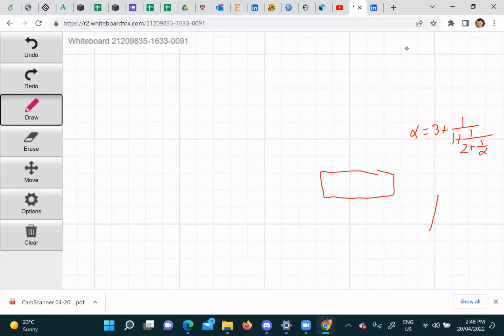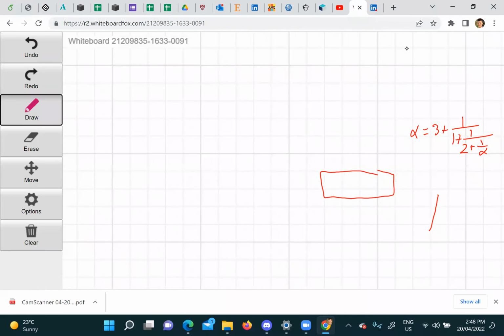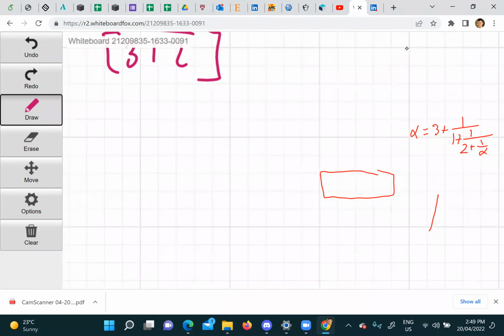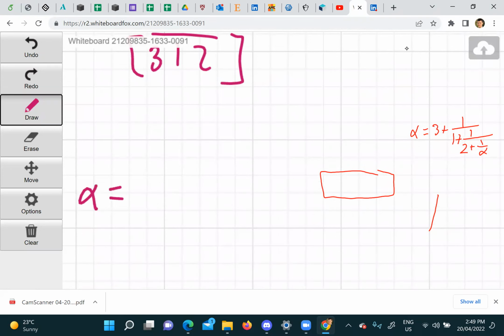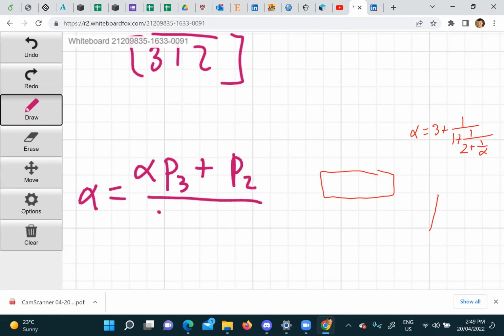Okay, so what do we have? We have a continued fraction that's 3, 1, 2 repeated. And we have that alpha equals (alpha P3 plus P2) over (alpha Q3 plus Q2).